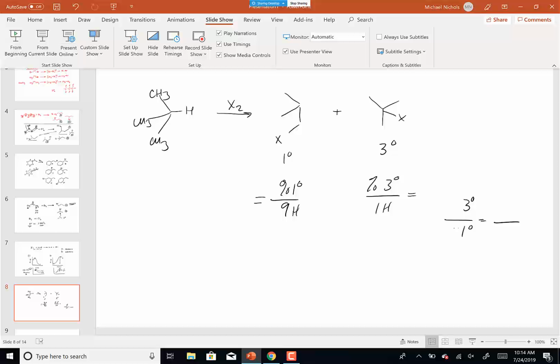That is going to be the relative rate of forming a tertiary product over forming a primary product. The relative rate of forming a tertiary radical over a primary radical. Right? So I'm just going to normalize for hydrogens. And then I'm going to take a whole bunch of other molecules and do the same thing.